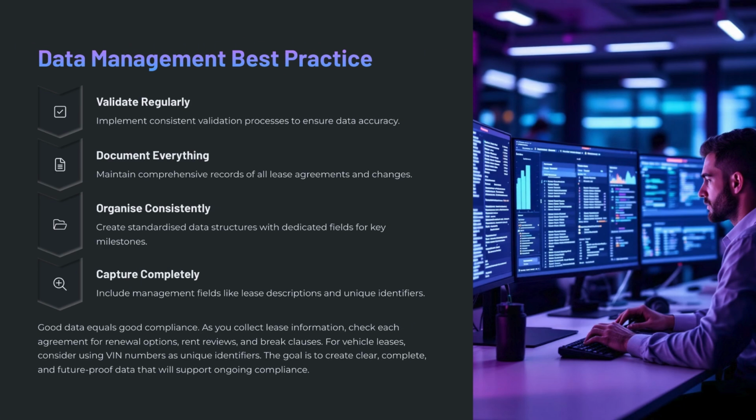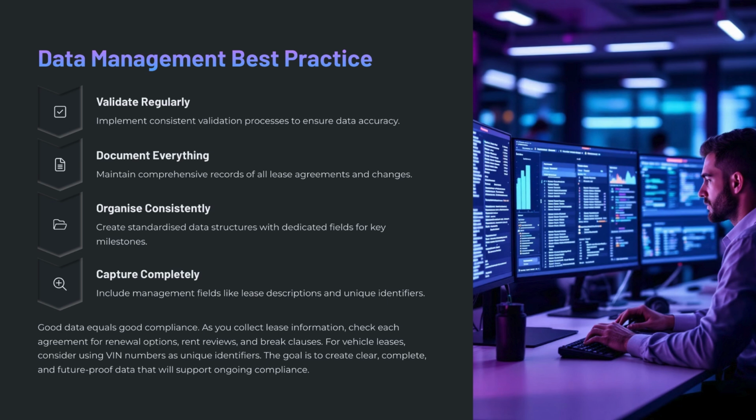Data management best practice. Good data equals good compliance. Validate regularly, document everything, organize consistently, and make sure you capture every lease. Sloppy data means trouble down the line. As you collect lease data, make sure to check each agreement for key milestones. Things like renewal option dates, rent reviews, and break clauses.